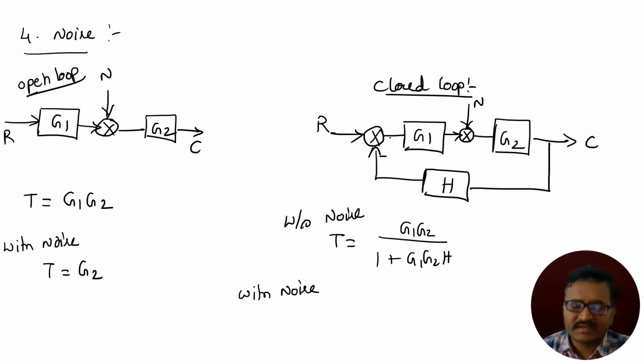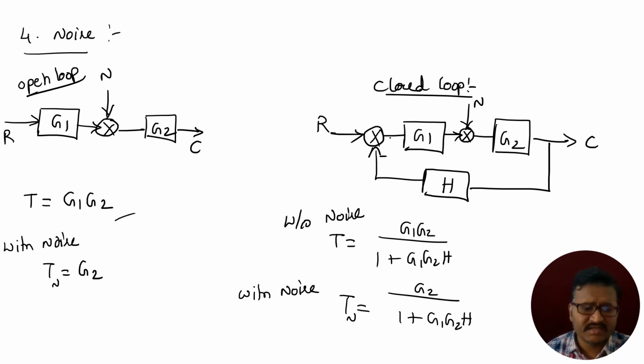With noise, whenever we consider noise, the reference input becomes 0. Since it is a transfer function model analysis, it is a single input single output analysis, so we consider a single input only. The noise transfer function will be G2 by 1 plus G1 G2 H. If we compare the gain without noise with the gain with noise, the gain is low.